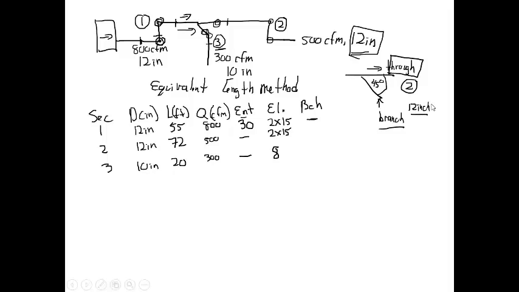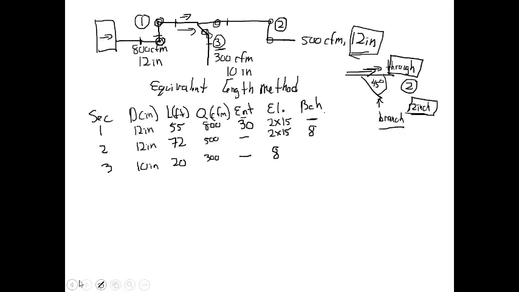If you go to your table and look under branch fittings, diverging, the first entry is for a Y branch at 45 degrees. The first entry is for the branch, and the second entry is for the through. Section 2 is a through because it's just going through at 12 inches. So that's the second entry. If you look all the way over to the right, you should see a total loss of 8, or an equivalent length of 8 feet.